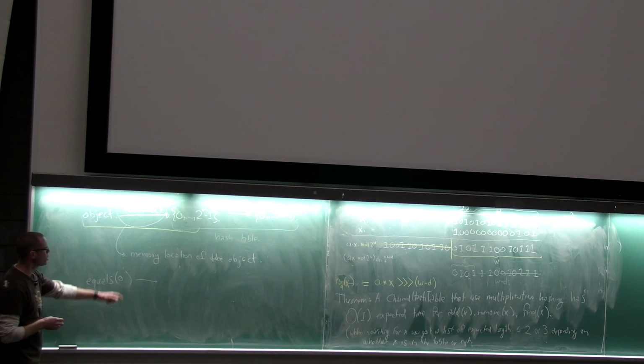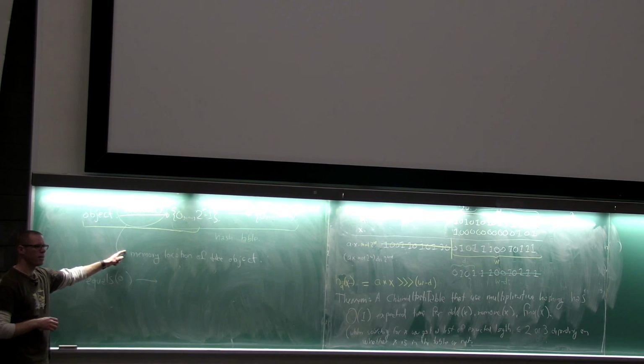Now every object also implements the equals method that compares it to another object and determines if they're equal. Do you know how it implements that? It checks if they're identical, which means it checks if the two memory locations are the same.